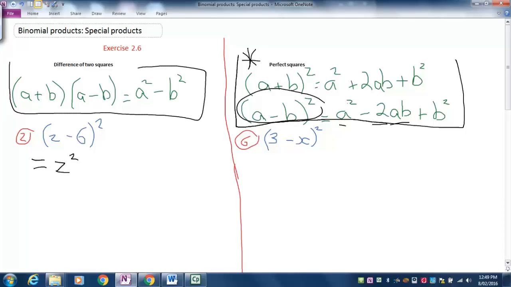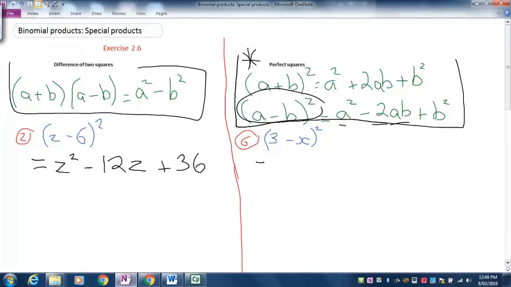So a times b is negative 6z, and when I double it I get negative 12z. And then squaring the last term, negative 6 squared gives positive 36. And so that's how we can expand those without using FOIL in just one line.